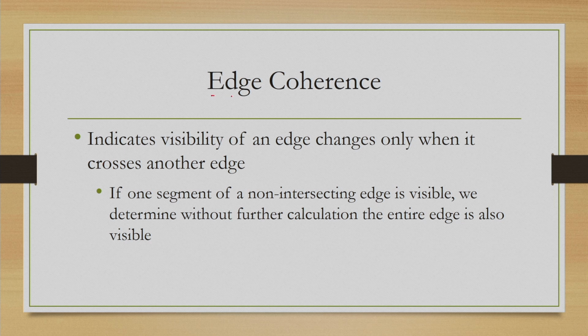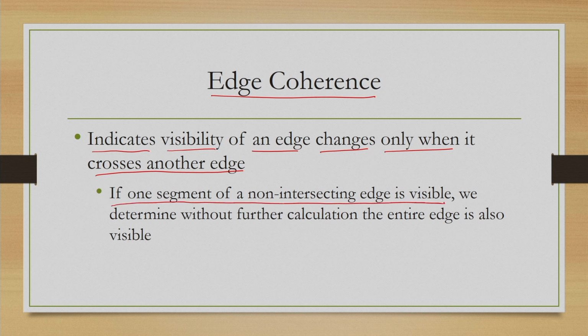Then third is edge coherence. Here this property indicates visibility of an edge changes only when it crosses another edge. If one segment of a non-intersecting edge is visible, we determine without further calculation the entire edge is also visible.